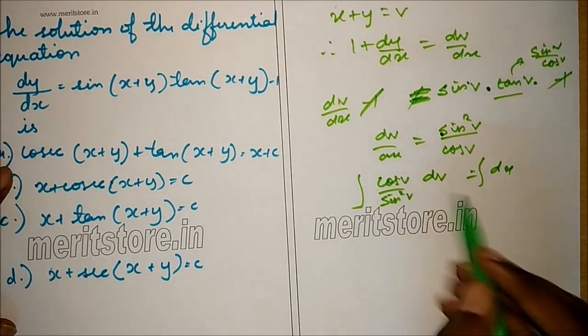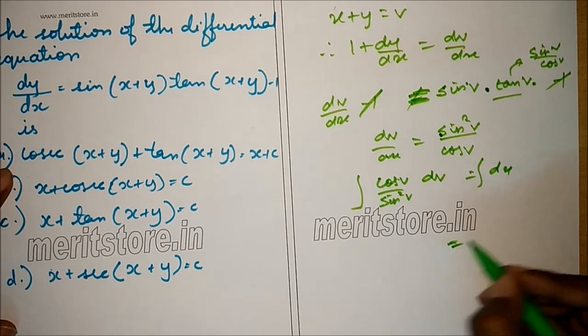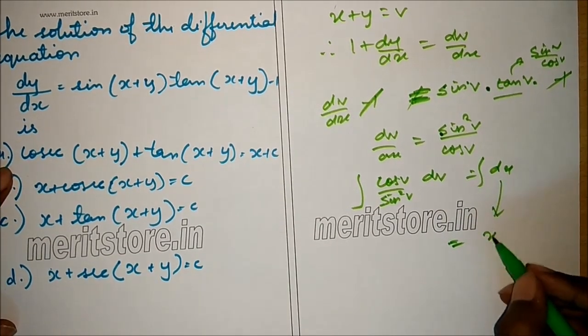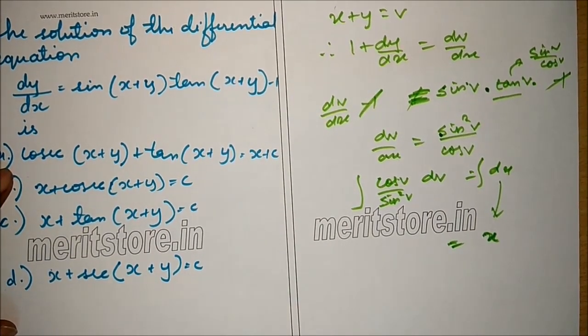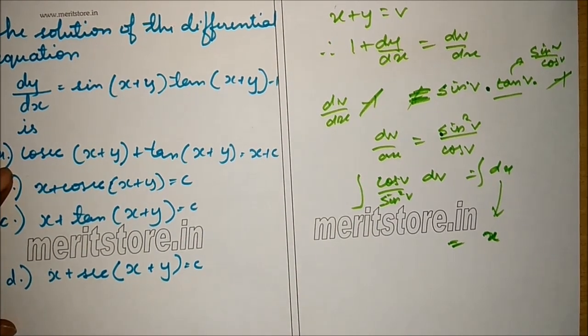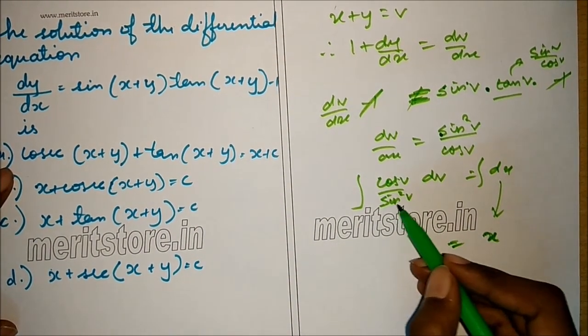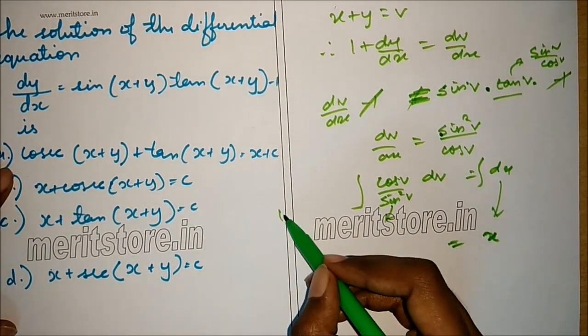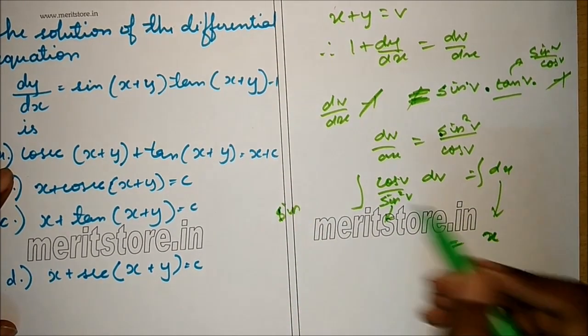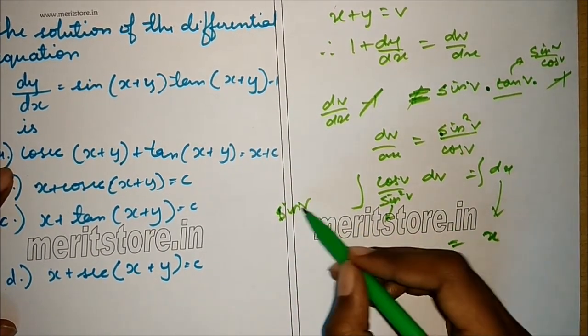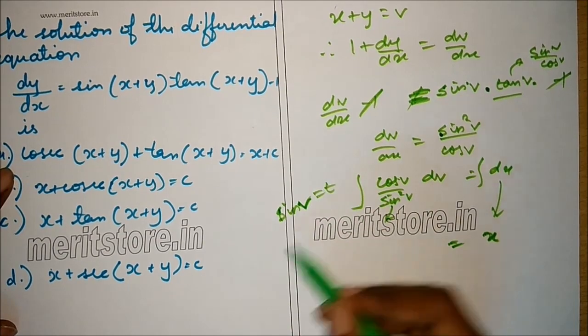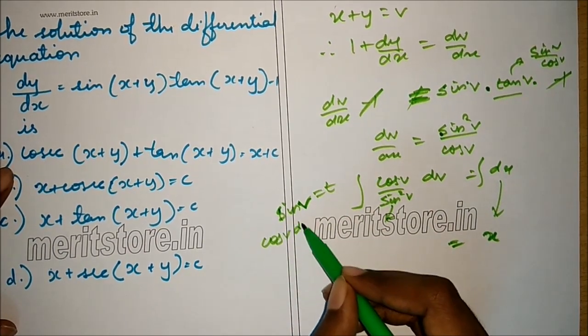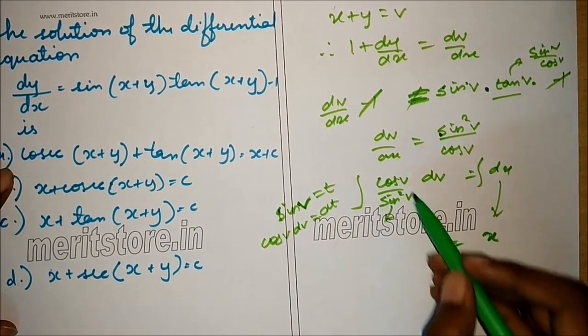we will get, this is x, and now if we put sine v equals t, so cos v dv will be equal to dt.